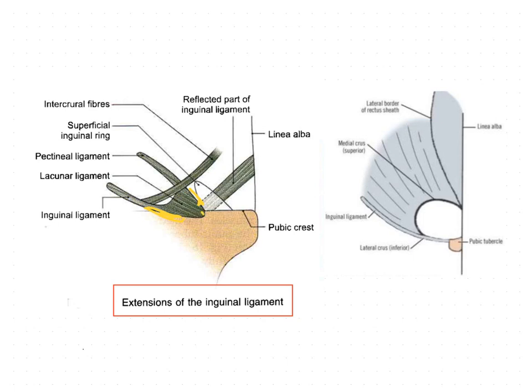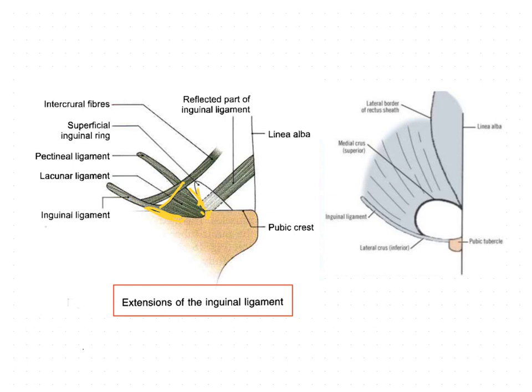The apex is attached to the pubic tubercle. The base is directed laterally. It forms the medial boundary of the femoral ring.